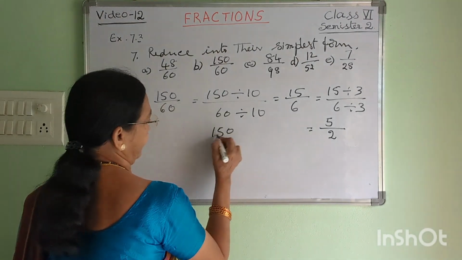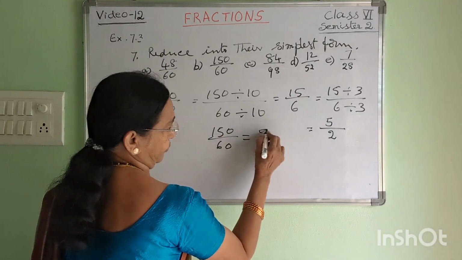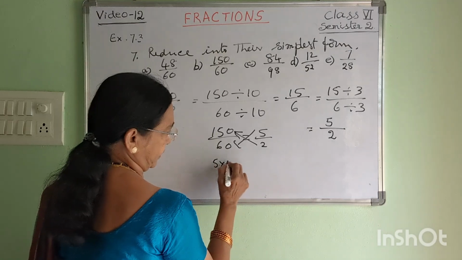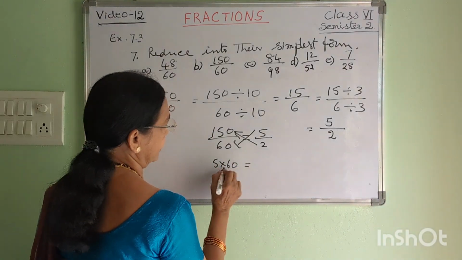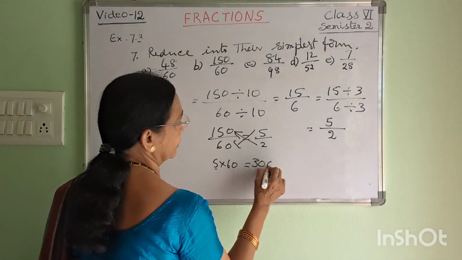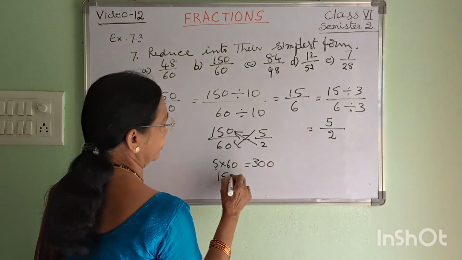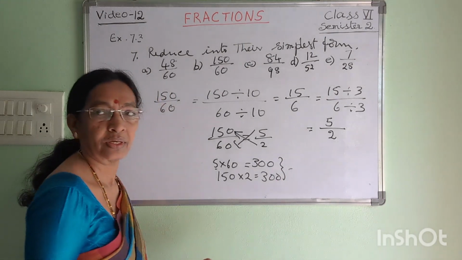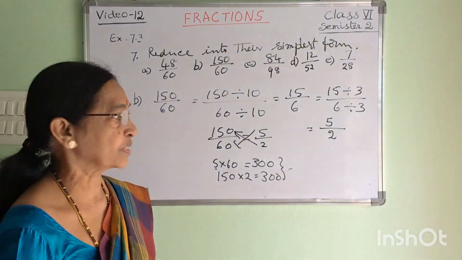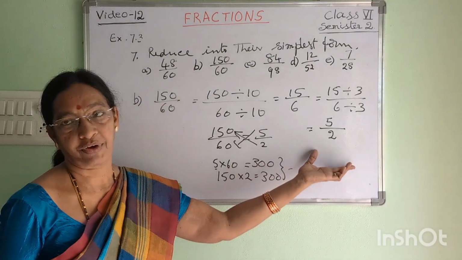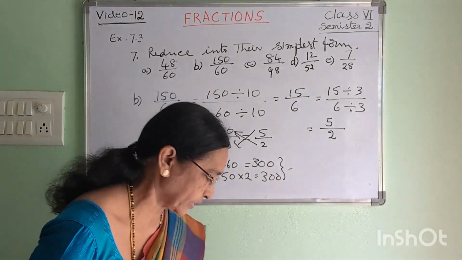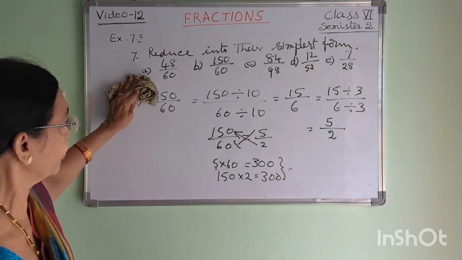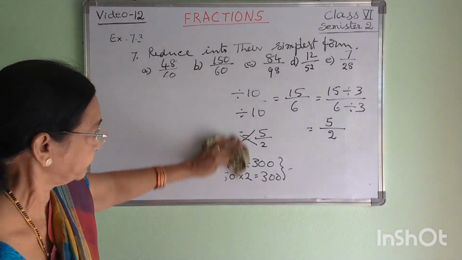As 150 by 60 is equivalent to 5 by 2, the cross products are 5 into 60, which is 300, and 150 into 2, which is 300. Both are equal. Therefore, our answer is correct. The simplest form of this fraction is 5 by 2. You can check like this. Next we will go to the third one, 84 by 98.